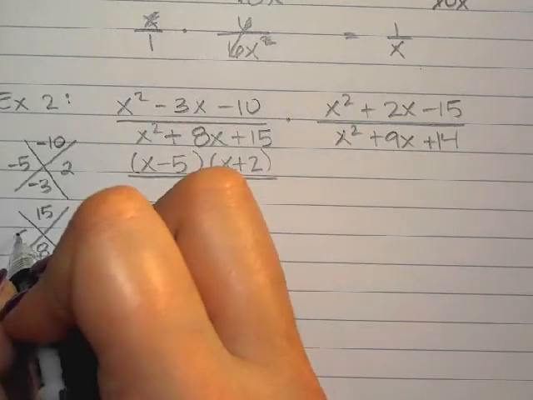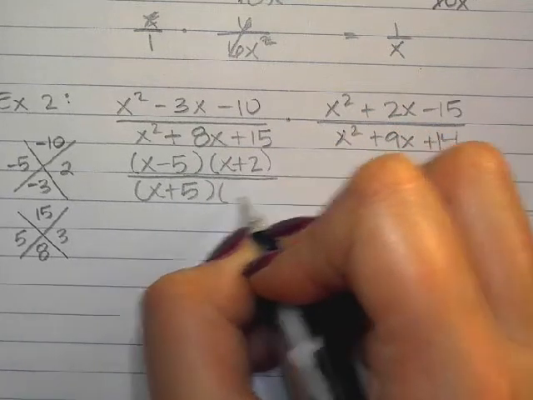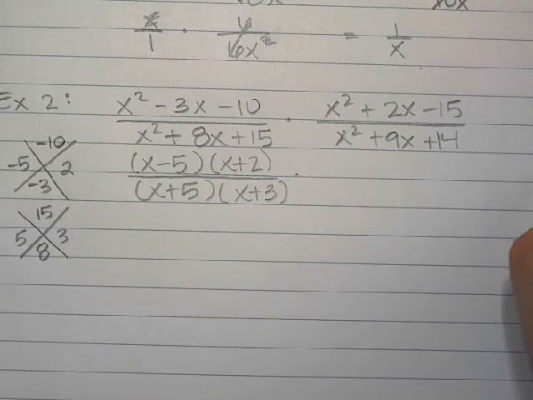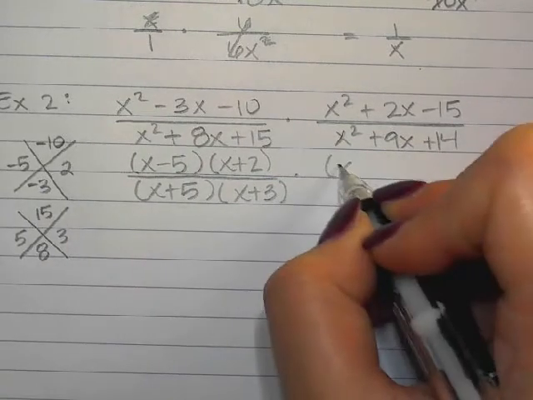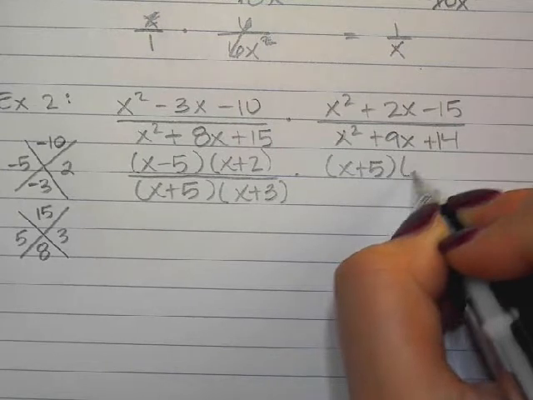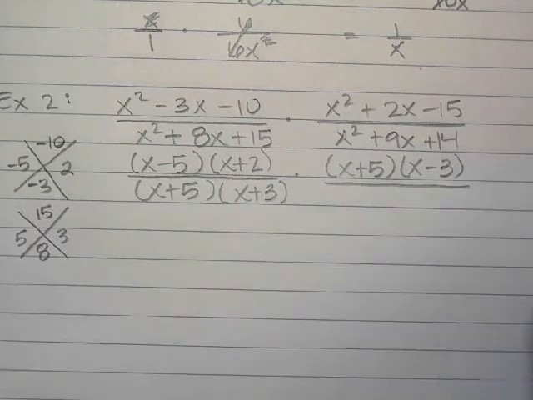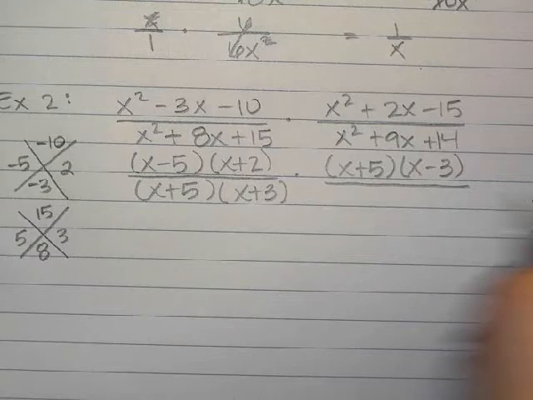And so that would be 5 and 3. Over here, I'm looking for two things that multiply to -15 but add to +2. 5 and negative 3. And then I'm looking for two things that would multiply to 14 but add to be 9, and that's 7 and 2.